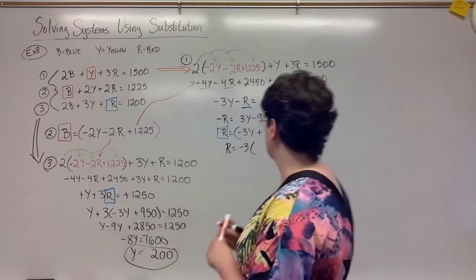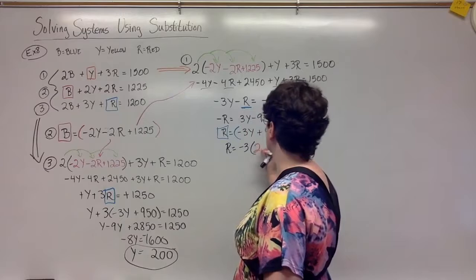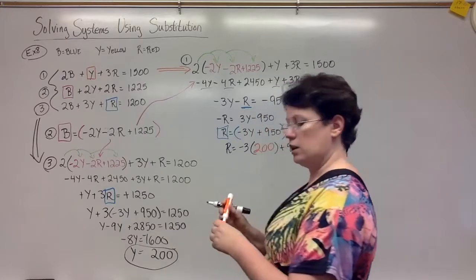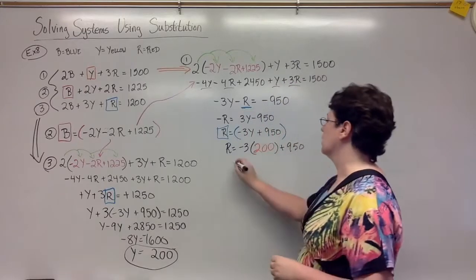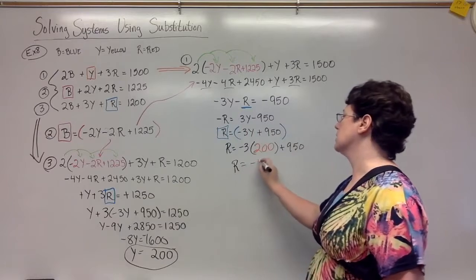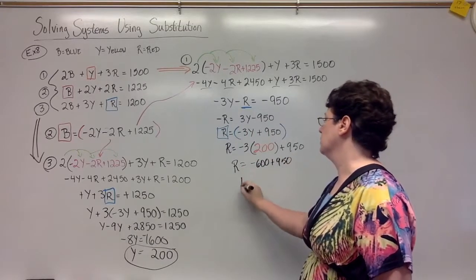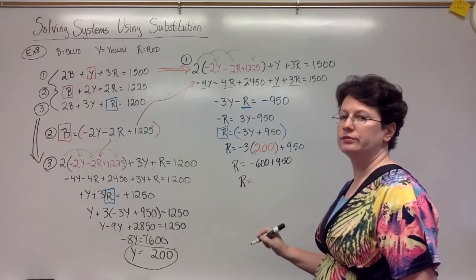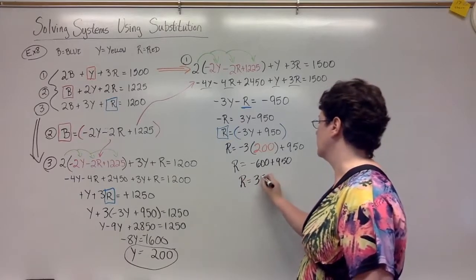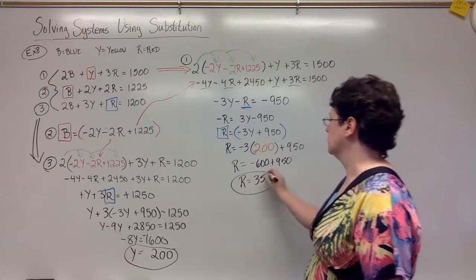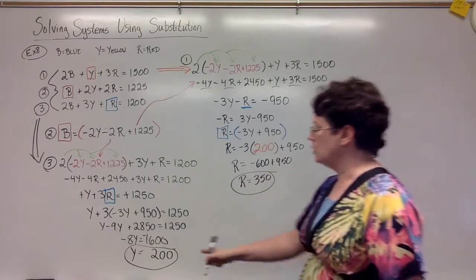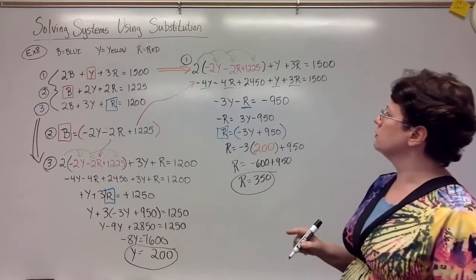So we have our y value, 200. Okay, so r equals negative 600 plus 950. So what's r? Yep, 350. Okay, so I have 200 points for yellow, 350 for red.